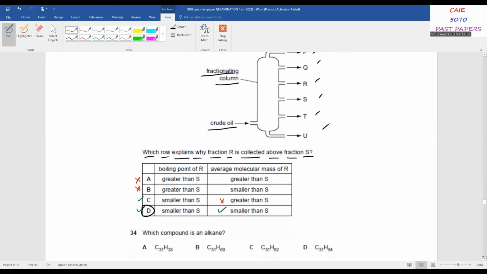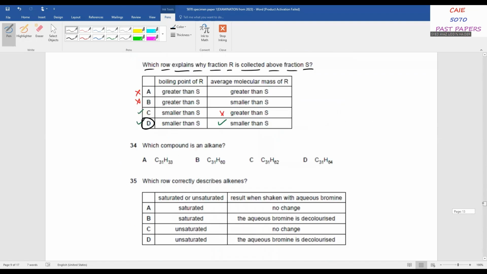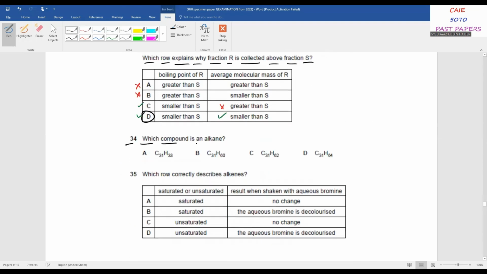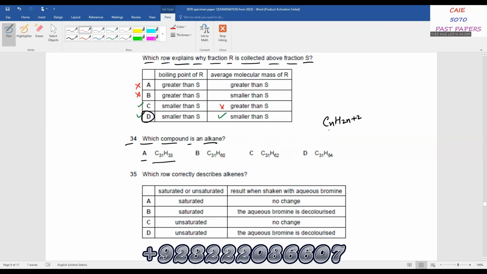34. Which compound is an alkane? Recall the general formula of alkane: CnH2n+2. If you look at all the choices, C31H33 does not follow the general formula CnH2n+2, because if you put the value 31 for n, you will get 31 multiplied by 2, 62, 62 plus 2, 64.